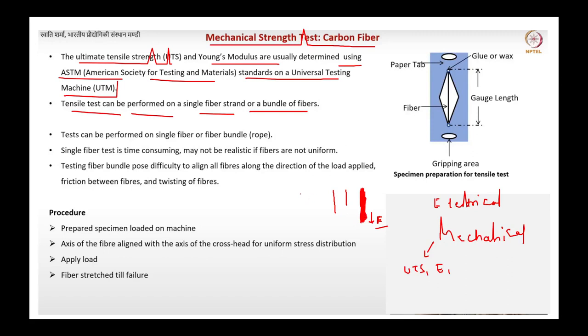Now the prepared specimen is loaded on the machine. There is a machine with one clamp on this side and another clamp on this side, so you have to load your specimen in between. The axis of the fiber is aligned with the axis of the crosshead for uniform stress distribution. If you want to do a tensile test, there are different kinds of sample holders where you can do your testing and apply load.